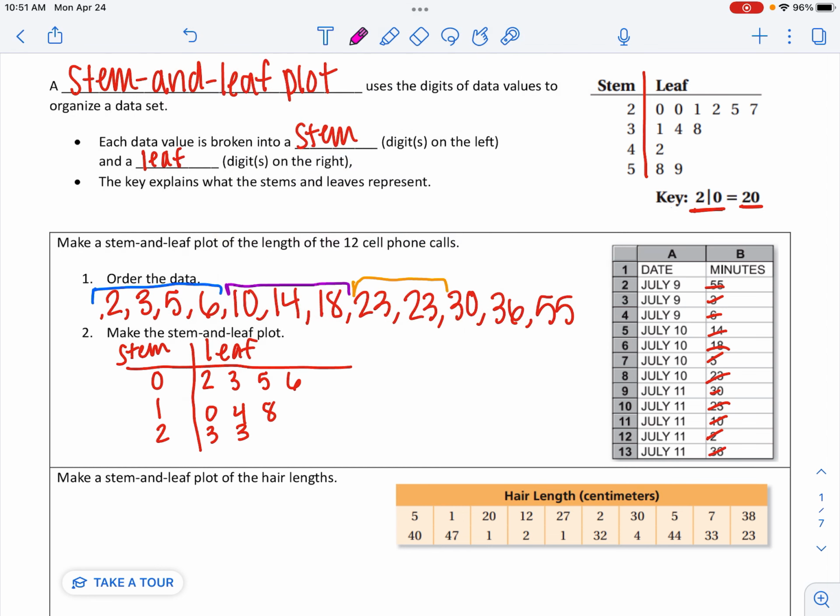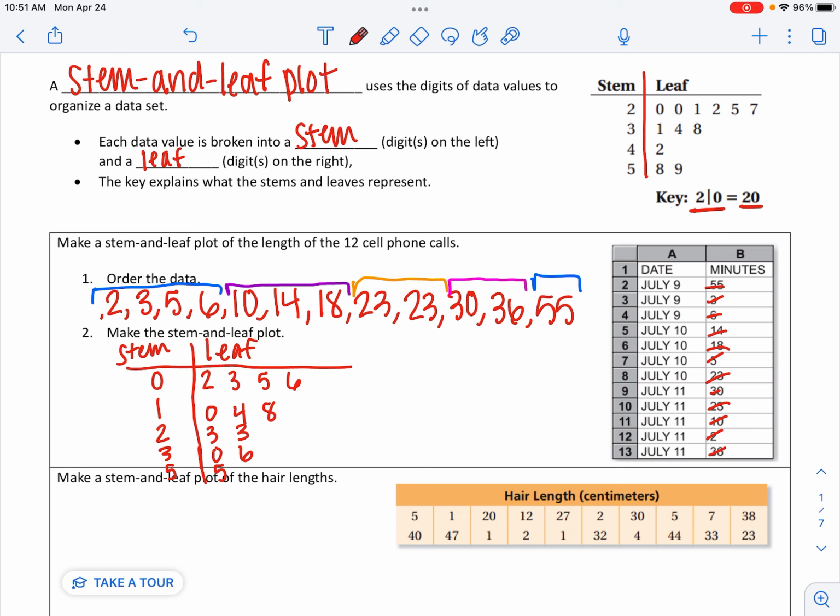Next, we have our 30s. And so we would put a 3. And then to represent 30, we would put a 0 and then a 6 for 36. And then our last one that I ran out of room for is 55. And so we'd put a 5 there and a 5 there to represent 55.